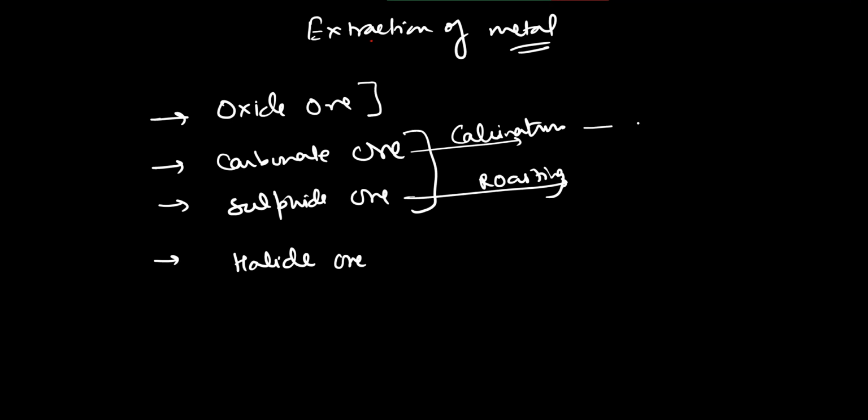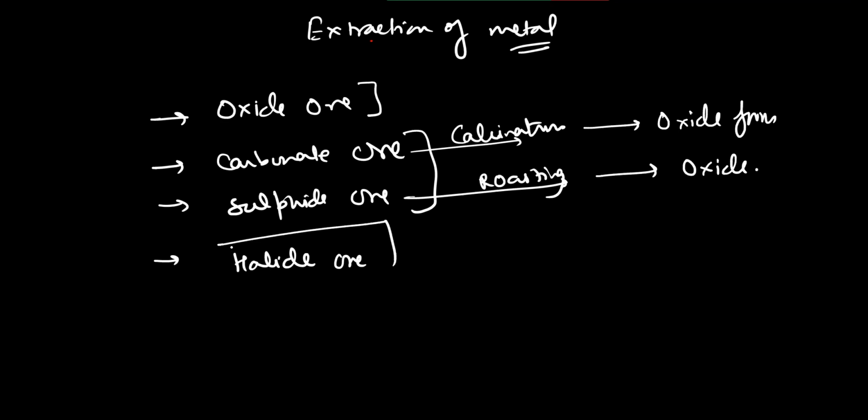The halide ore we will discuss later. Oxide ore is already in oxide form, carbonate ore after calcination gets converted into oxide form, and sulfide ore after oxidation also gets converted into oxide form.